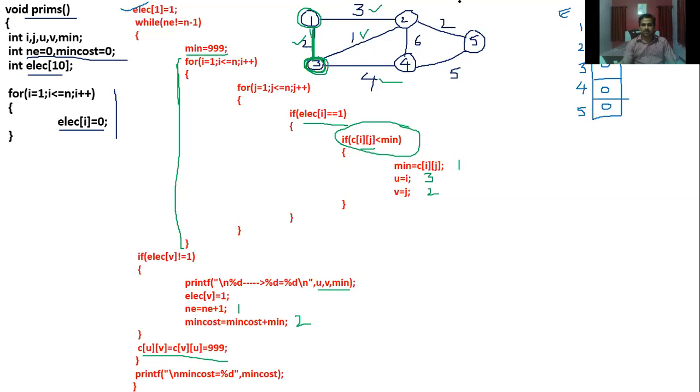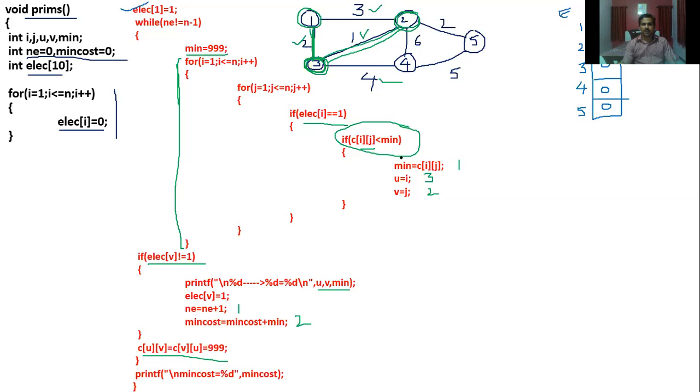I'll be coming out because this is the minimum one among all these edges. I'll come out here. Elected of v, 2, has not been elected. Consider that edge, that is from 3 to 2. Consider that edge and mark it as elected 2.